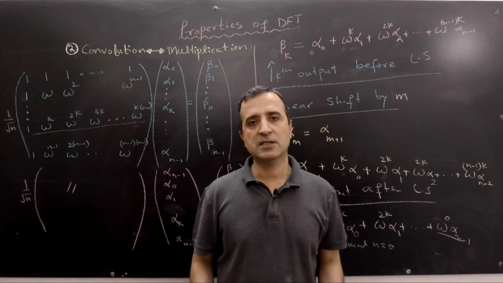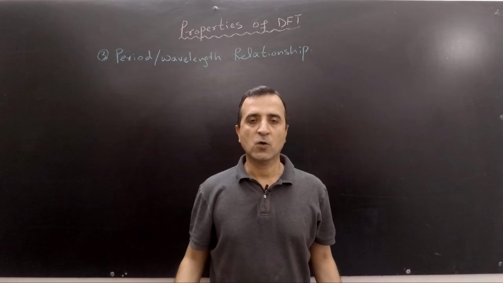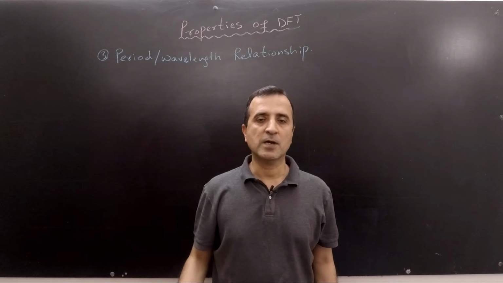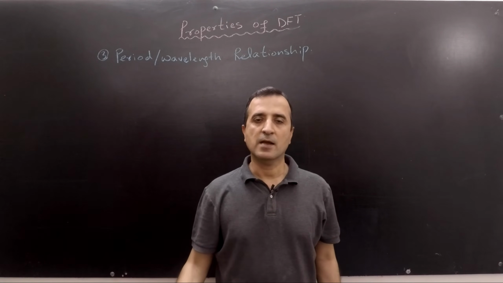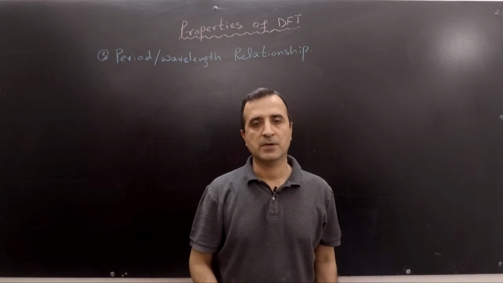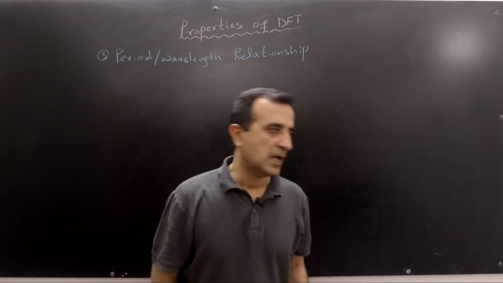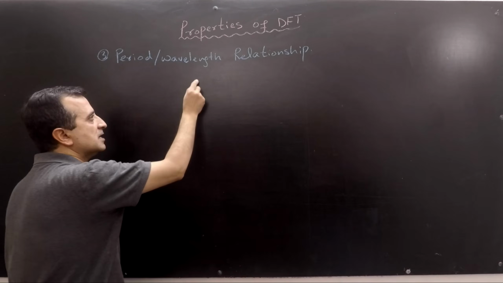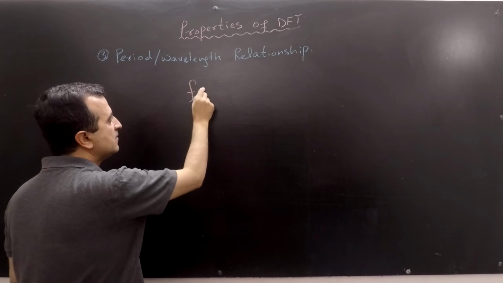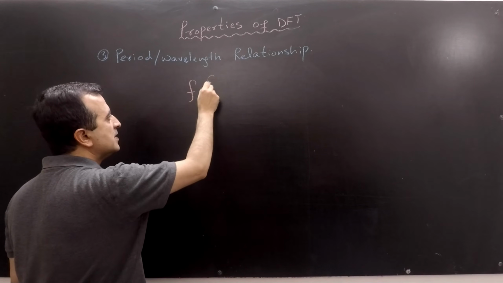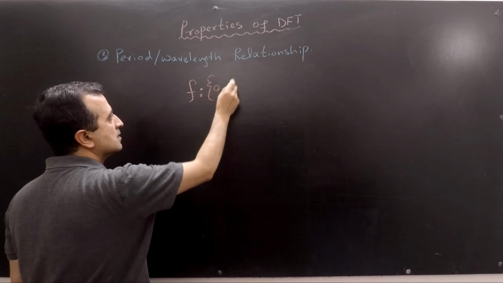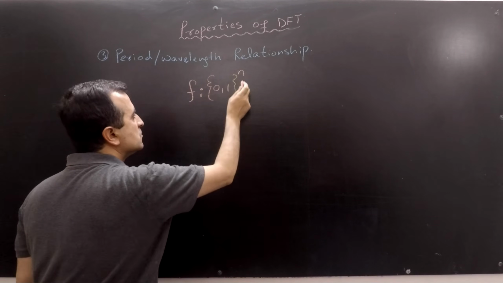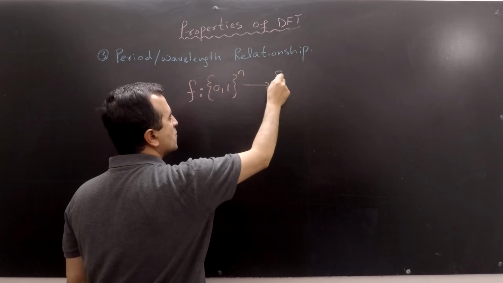So now let's do the third property. The last property, which is used by quantum algorithms, is the period and wavelength relationship. So assume that we have a function f, and function f takes n bits as input, and it produces n bits outputs.